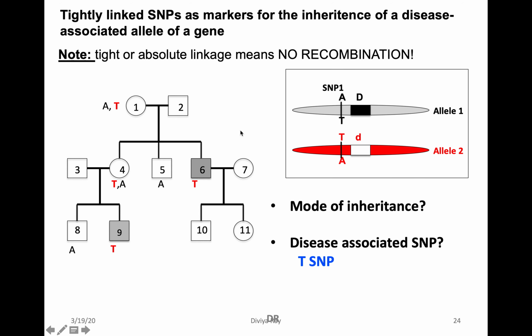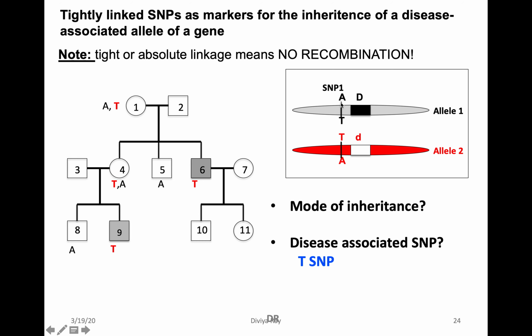Let us say you are looking at gene D, and this can exist in the form of two different alleles, allele big D and allele small d. You look at a large population, and you see that if an individual has SNP AT, or basically just the top strand A as a SNP at this position, the individual has allele big D. But if an individual has T at this position, the individual has allele small d.